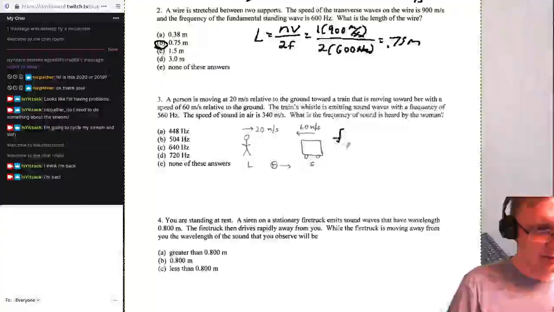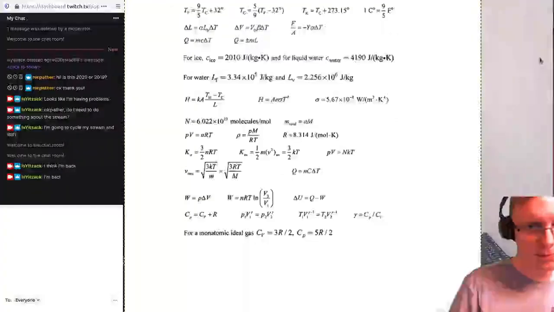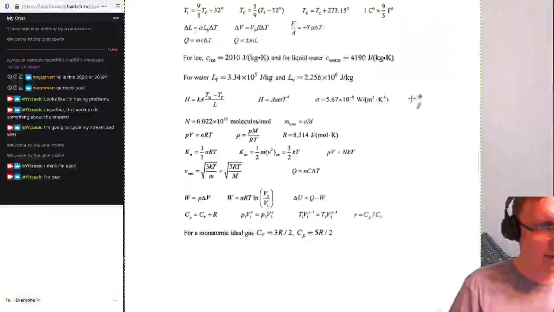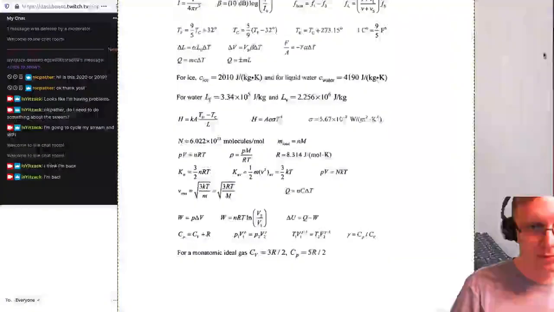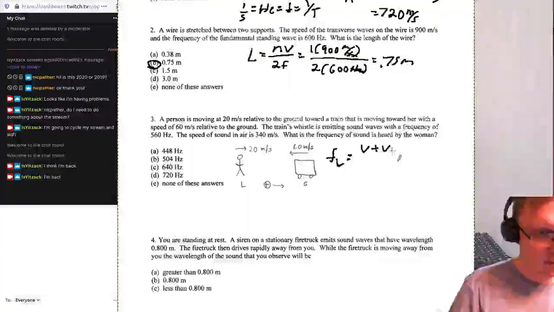So the frequency of the listener is equal to, this is Doppler shift by the way, V plus V listener on top, divided by V plus V source, times the frequency of the source.